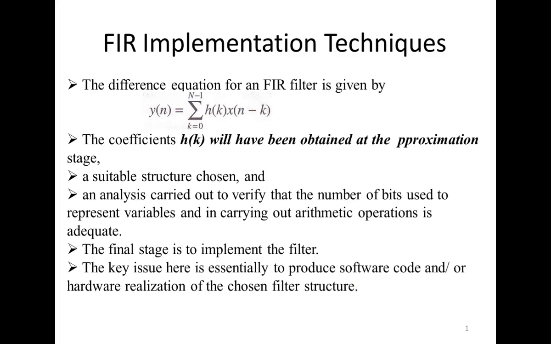So we need to perform proper analysis of how many bits we require for the arithmetic operation. The final stage is to implement the filter, and the key issue here is essentially to produce software code or a hardware realization of the chosen filter structure.